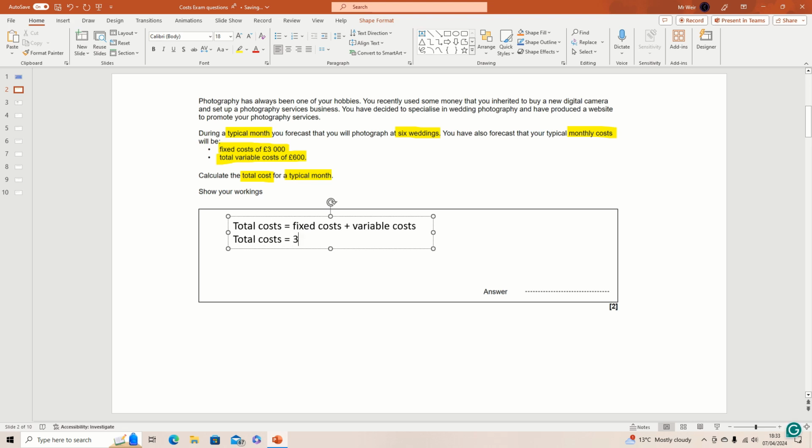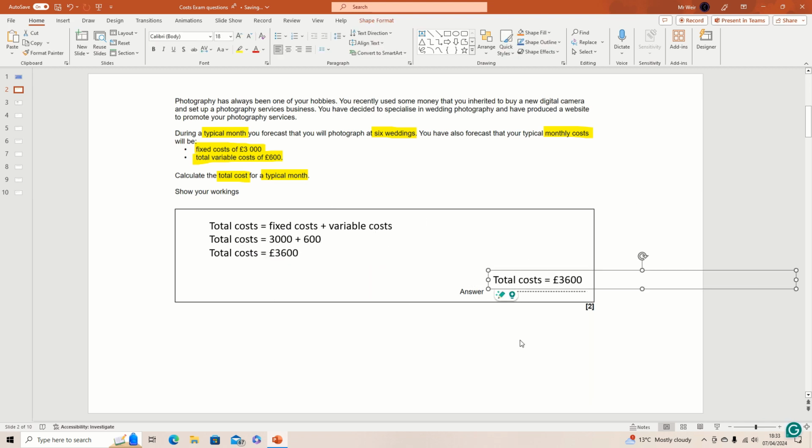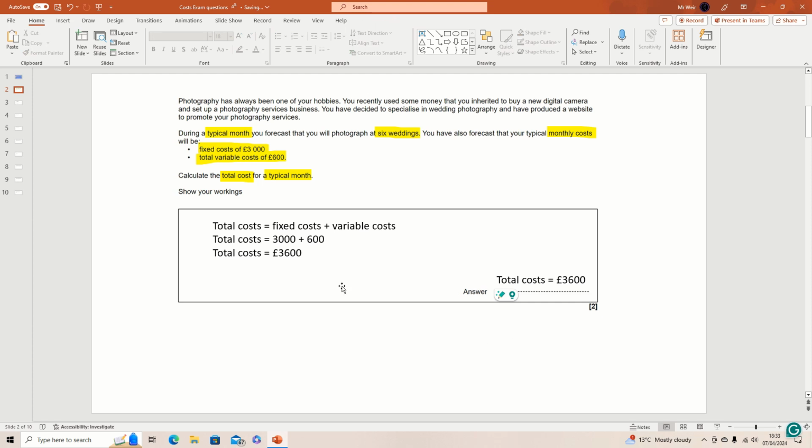So this says that it's 3,000 plus 600. And then you just say what the answer is. And then this answer, you can move over here. Okay, so that is a basic introduction to your simple costs that you use to work this out.